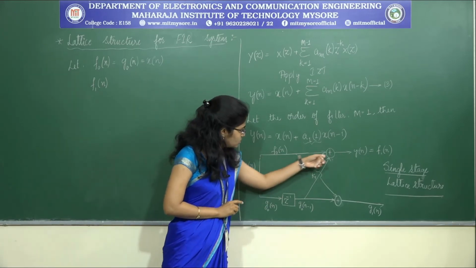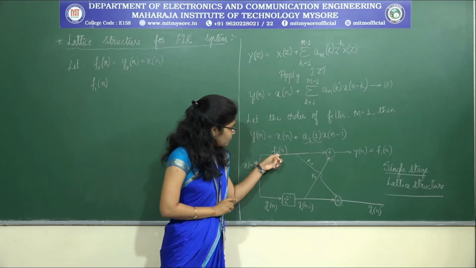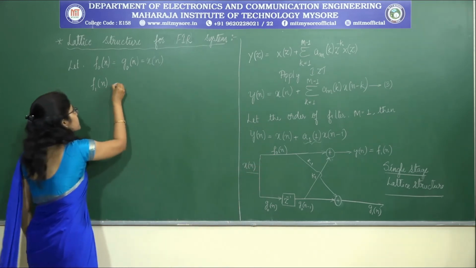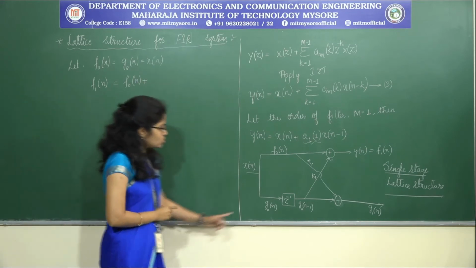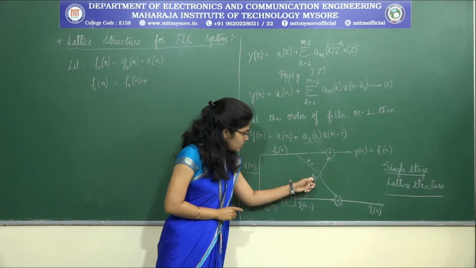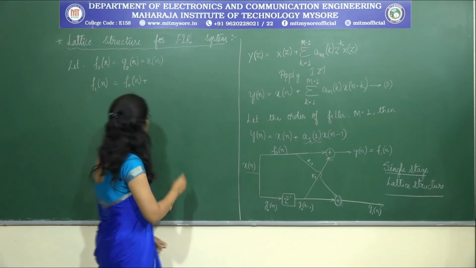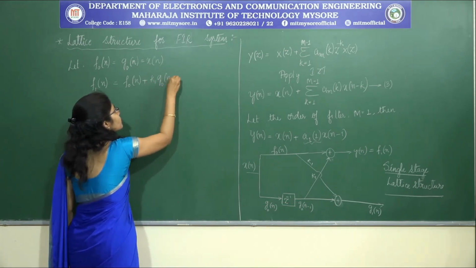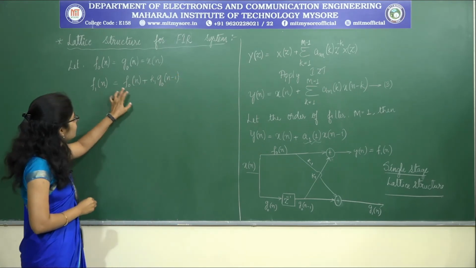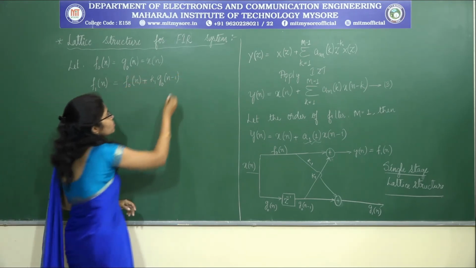So, f1 of n is nothing but the output of this stage. So, what is the input to the adder? It is nothing but f naught of n. The first input is f naught of n plus. So, what is the input from this branch? It is k1 into g naught of n minus 1. So, what is f naught of n equal to? It is nothing but x of n.